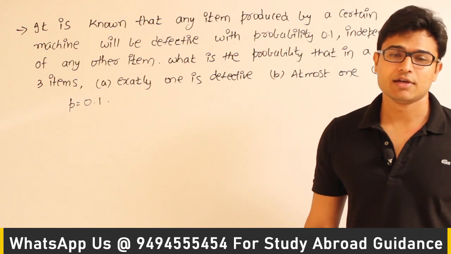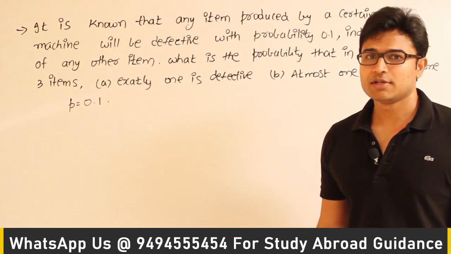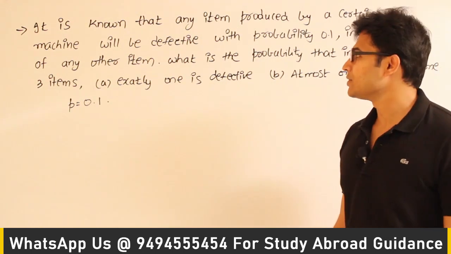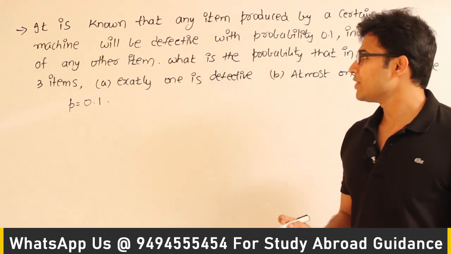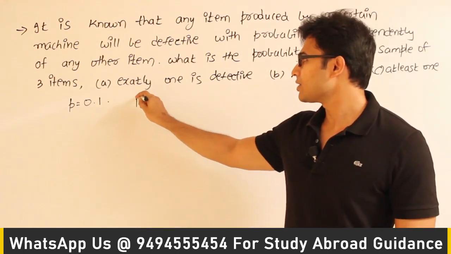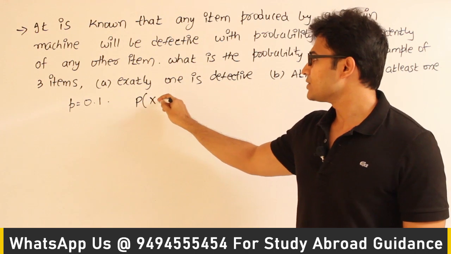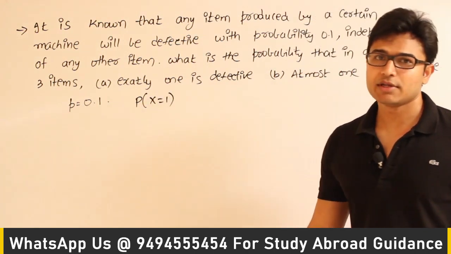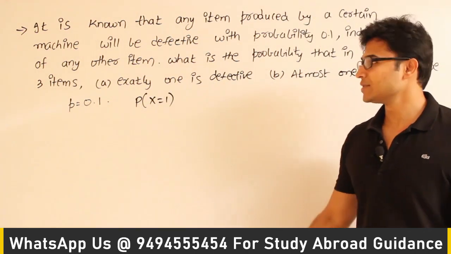If X denotes the binomial random variable, then the first one is exactly one defective piece, which means they are asking about P of X equal to 1. What is the probability that you have exactly one defective piece?